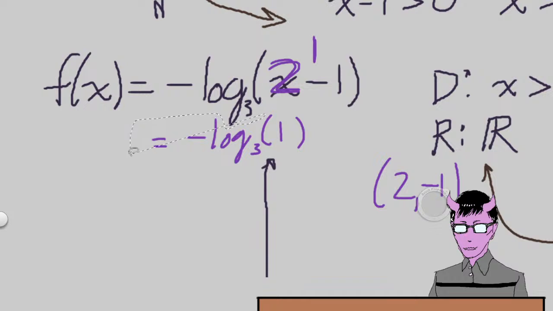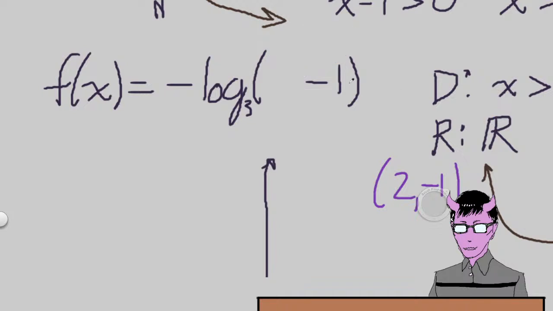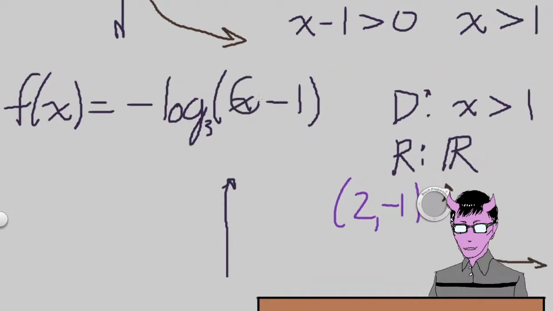And then the other one that you picked was 0, 0. Let me erase this real quick. So if you pick 0, that means that you're forcing the inside to be negative 1, which is perfectly fine. That's definitely a valid anchor point that you can pick.